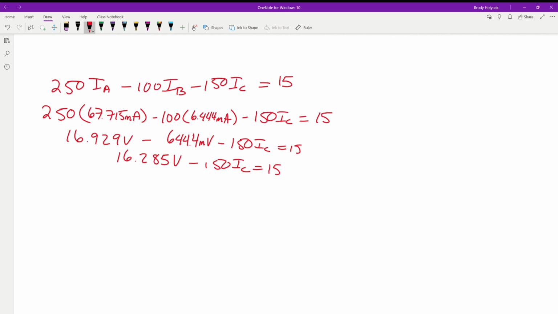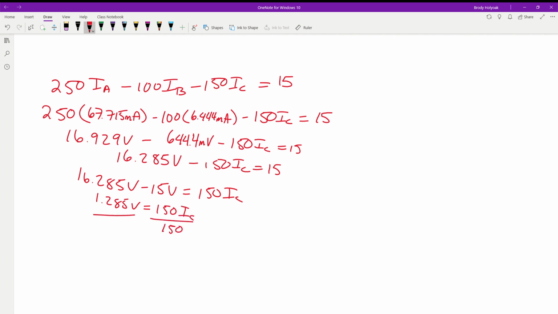I'm going to move the IC over and move the 15 over just so it's positive. So the 16.285 volts minus 15 volts is equal to the 150 IC. So we end up with 1.285 volts is equal to 150 times IC. Divide out our 150 ohms.